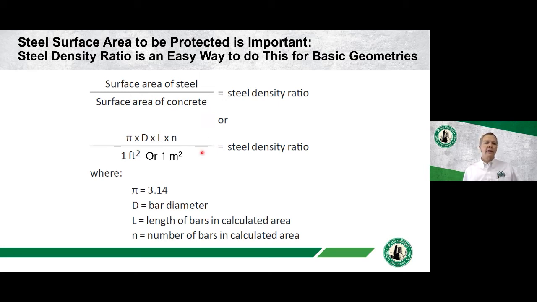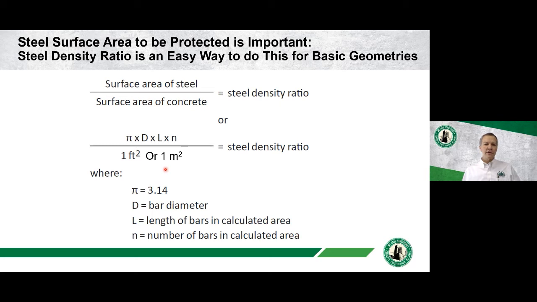And if you're in the US, you're more likely to do this calculation based on, say, 1 square foot of concrete surface area. If you're in Europe or another location that's using the metric system, you're more likely to say, I'm going to use 1 square meter of concrete surface area as my unit concrete area, and then you'll calculate the total steel surface area within the footprint.